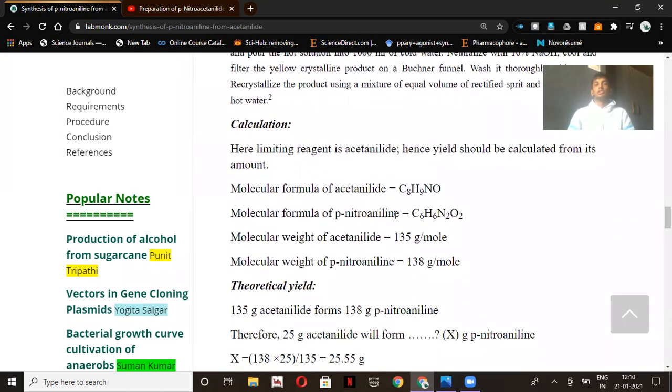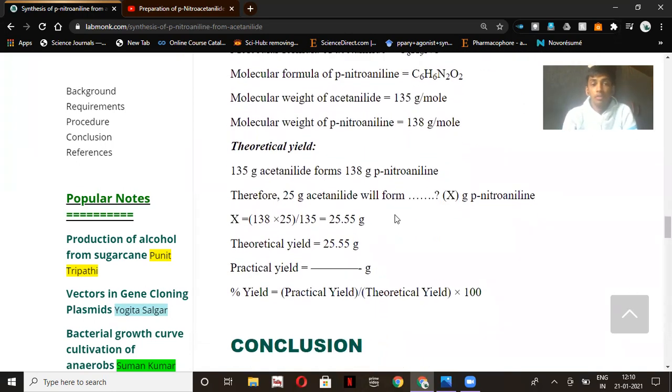So what is the calculation? There are three parts: theoretical yield, practical yield, and percentage yield. The theoretical yield is calculated by a simple method. The molecular formula of acetanilide is C8H9NO and its molecular weight is 135 gram per mole. The molecular formula of para-nitroaniline is C6H6N2O2 and its molecular weight is 138 gram per mole. In the theoretical yield, 135 gram of acetanilide forms 138 gram of para-nitroaniline.